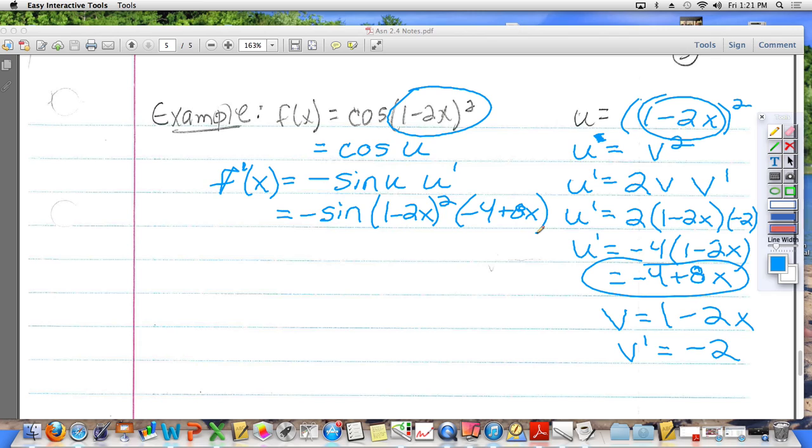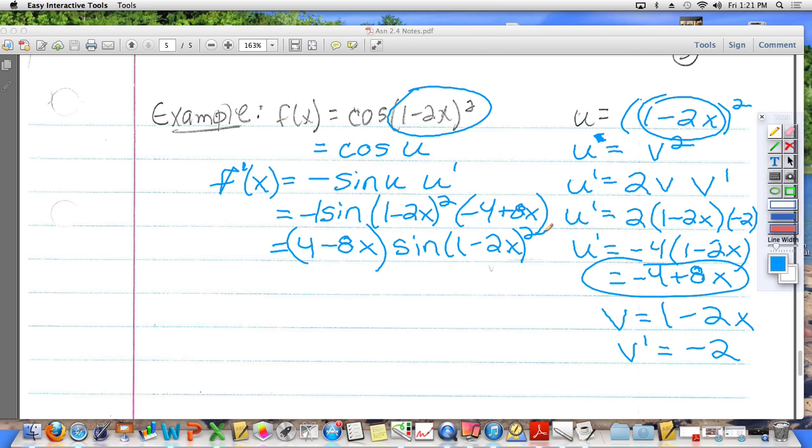This is a pretty good answer, but I do see a negative out front. This is like a negative 1 that I could distribute into the negative 4 and into the 8x. So I would probably take this one step further and say, well, this is 4 minus 8x times sine of 1 minus 2x squared.